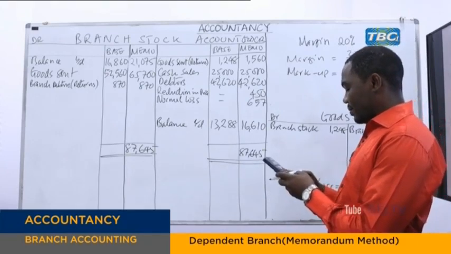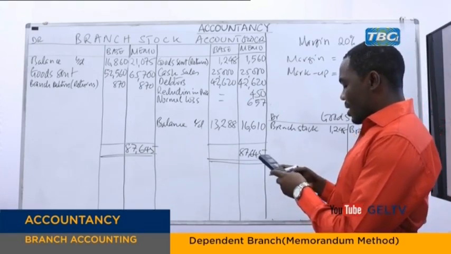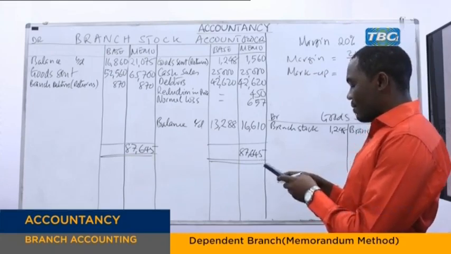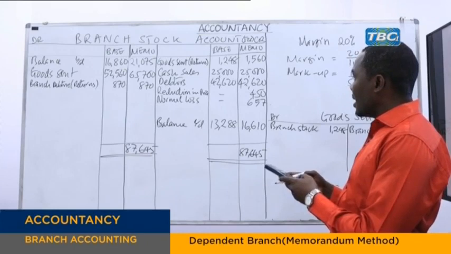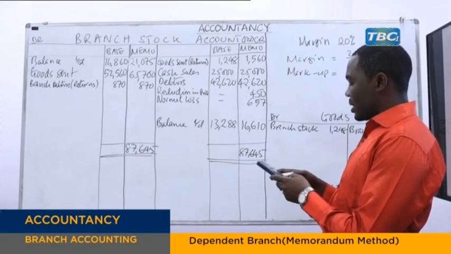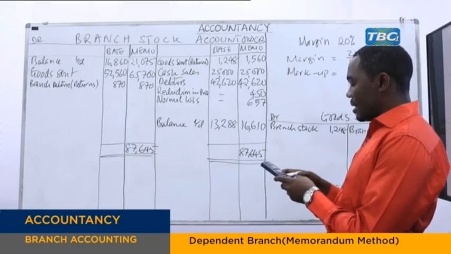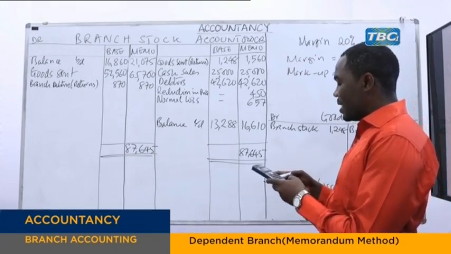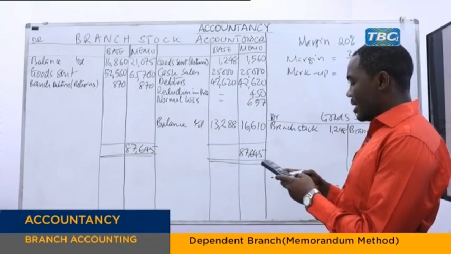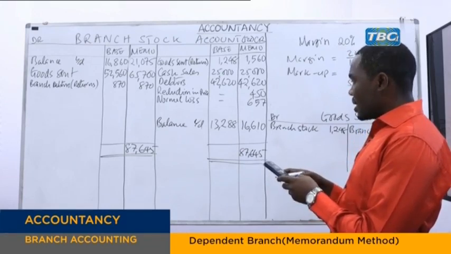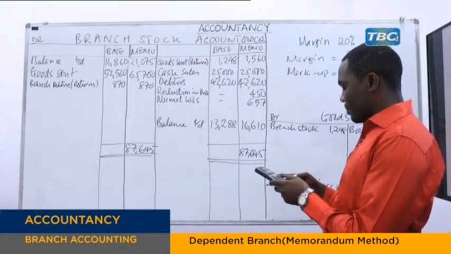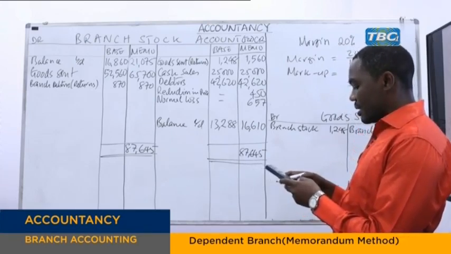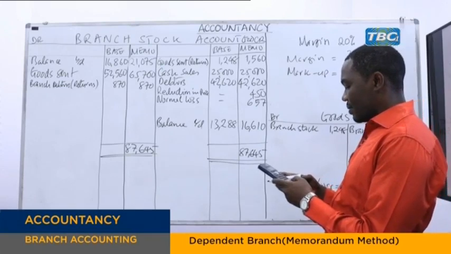We less 1,560, less 25 thousand, less 42,620, less 450, less 657, less 16,610.